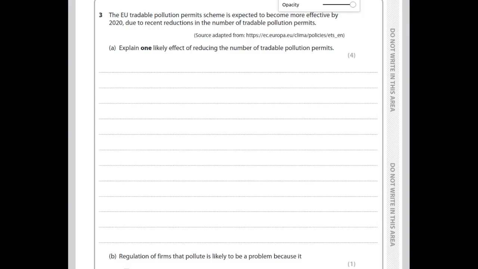Okay, so question 3 reads, the EU tradable pollution permit scheme is expected to be more effective by 2020 due to recent reductions in the number of tradable pollution permits. Explain one likely effect of reducing the number of tradable pollution permits. So you could do a range of effects here.